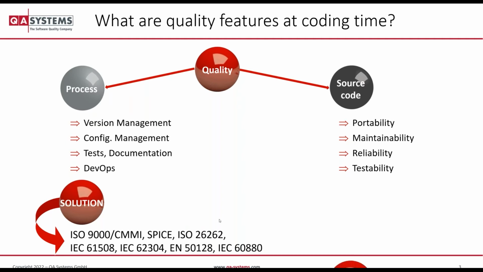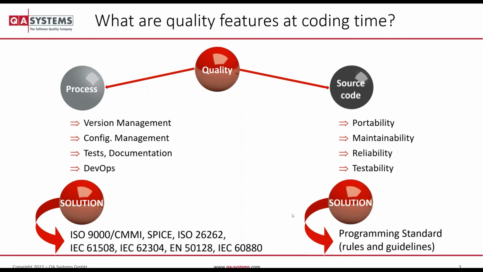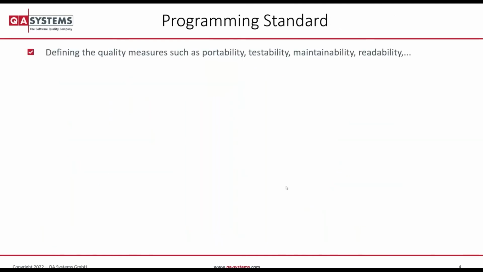Therefore, there is still a very big need for a programming standard. The programming standard decides the rules and guidelines to achieve your quality criteria like portability, maintainability, and so on. So this is one part of a coding standard.